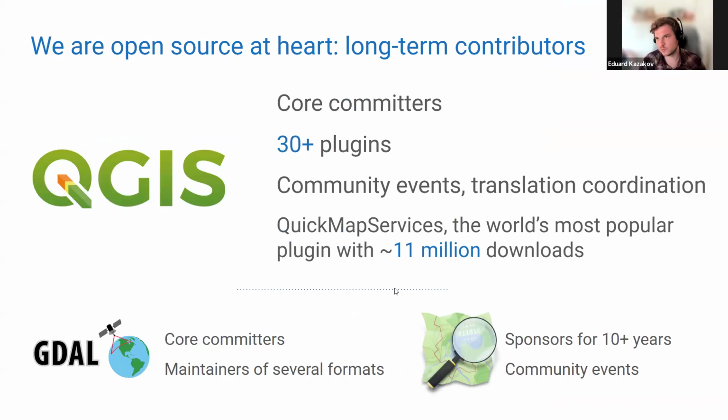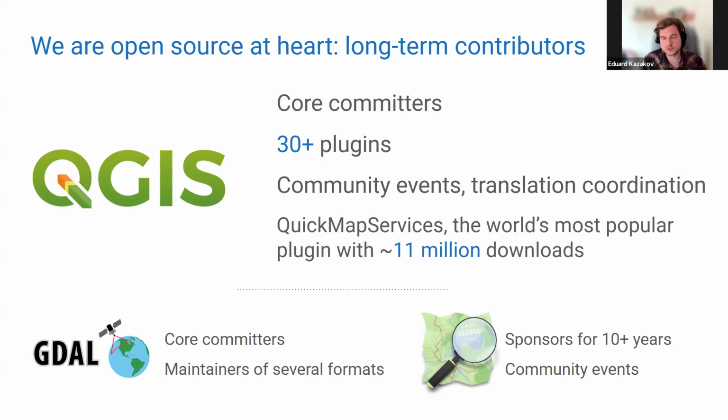We are not a random company in context of QGIS user group meeting because we are long-term contributors to QGIS. We have been committing to the QGIS core for all these 15 years. We are part of the QGIS family. We are the largest QGIS plugin developers in the world, having more than 30 plugins, including the world's most popular one, QuickMap Services, with 11 million downloads, our crowdsourcing catalog of geospatial data services.